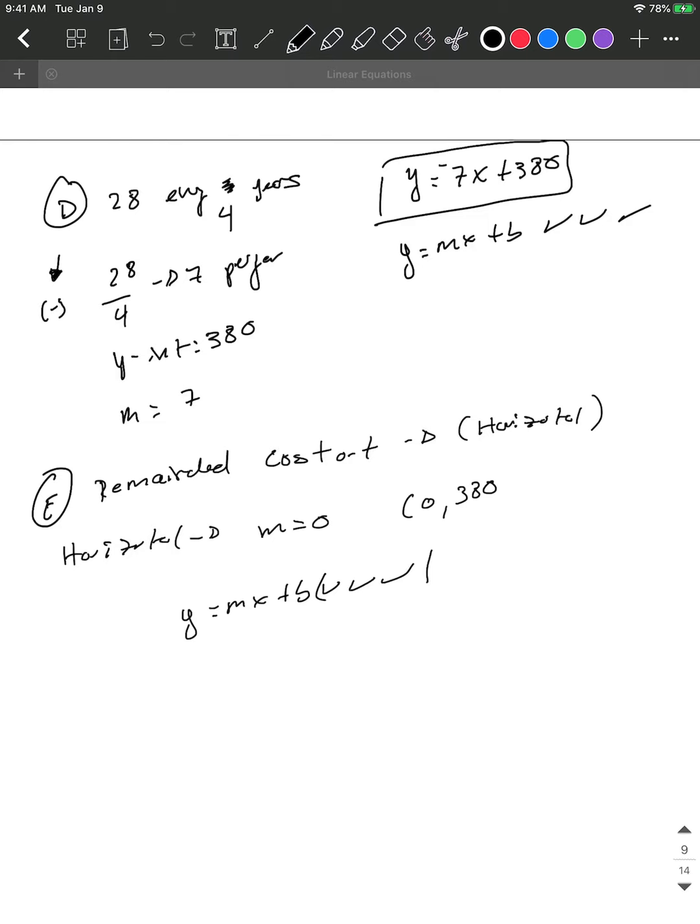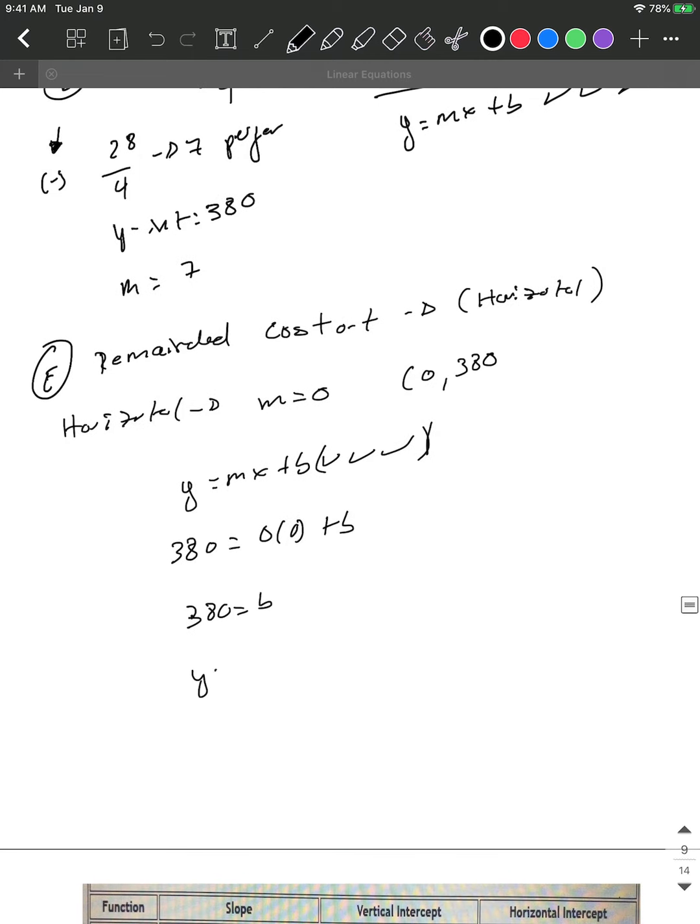Write it, I keep on telling you all. 380 is equal to 0 times 0 plus b, which turns out to be 380 is equal to b. So if we put the information that we already know, 0 times x plus 380, our equation of the line is y equals 380.